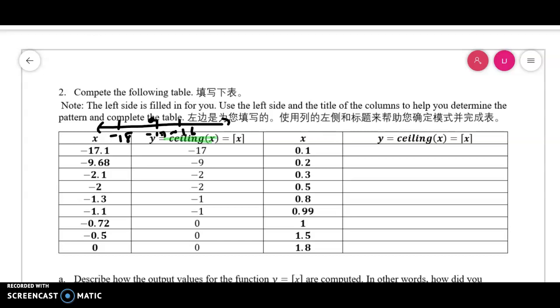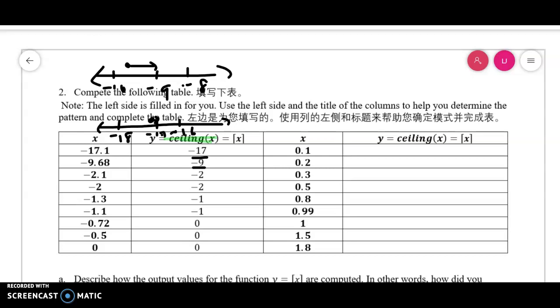If we look above or to the right, negative 17 is the closest integer above. Negative 9.6, if we have another number line with negative 8, negative 9, negative 10, negative 9.6 is like right over here. Closest integer above it is negative 9. So we can see that here. And the same will follow for the rest of these numbers.